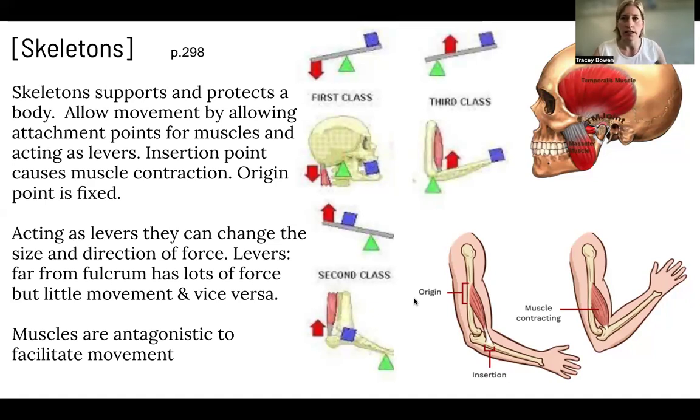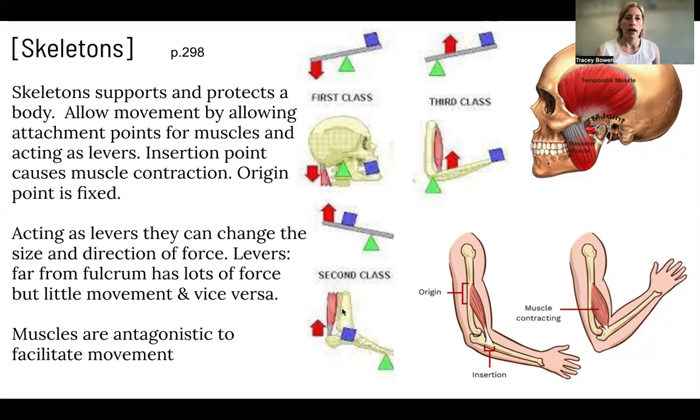You don't need to memorize the types of levers, but you can see here the first class lever has a fulcrum in the middle. That's the screen triangle. And then this muscle here is going to move your head back and forth, so we have a medium amount of movement happening in our neck. In a second class lever, the fulcrum is down here at your toes and your heel is rising up.